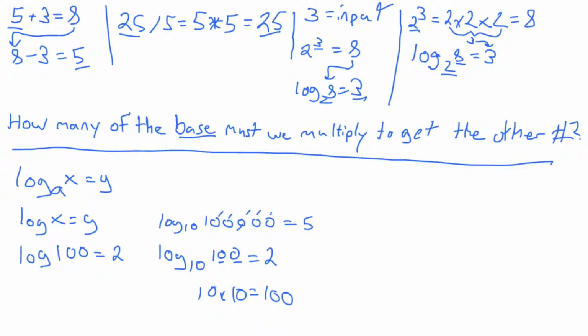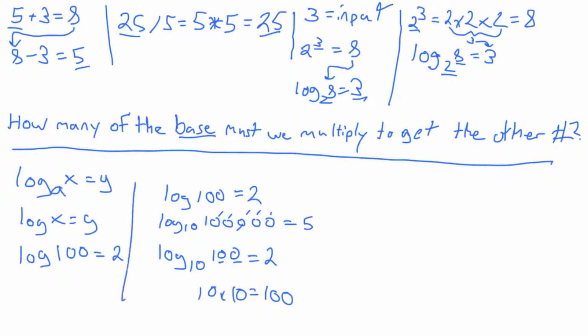Counting the zeros is just the quick way to do that. But you wouldn't see these written log sub 10 of 100,000. Most likely you would see log of 100 equals 2, and just leave out the 10. And that's the most common form in engineering disciplines.